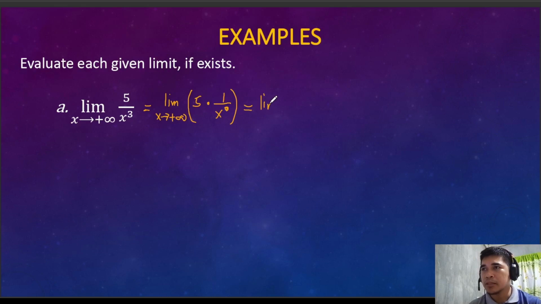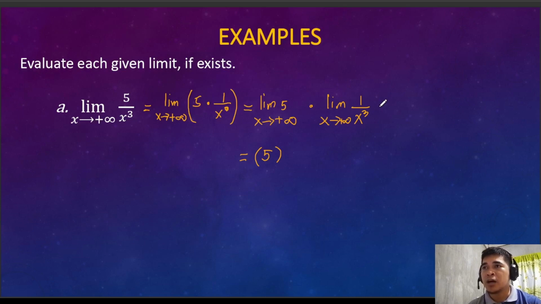So limit of 5 as x approaches positive infinity times limit of 1 over x cubed as x approaches positive infinity. So we know that the limit of 5, a constant, is the constant itself, right? Times the limit of 1 over x cubed as x approaches positive infinity.